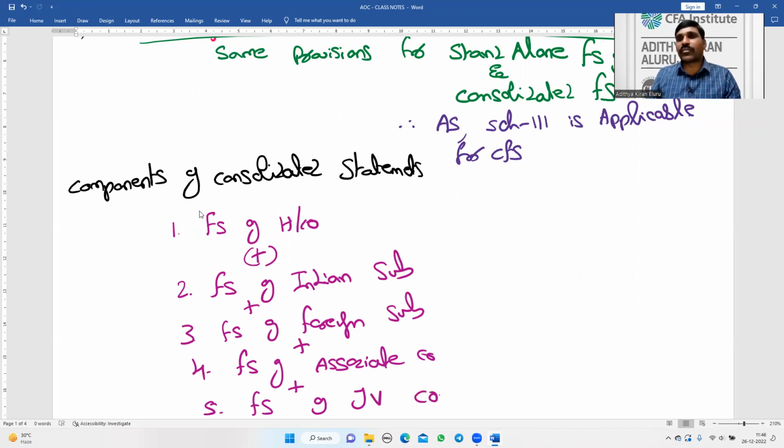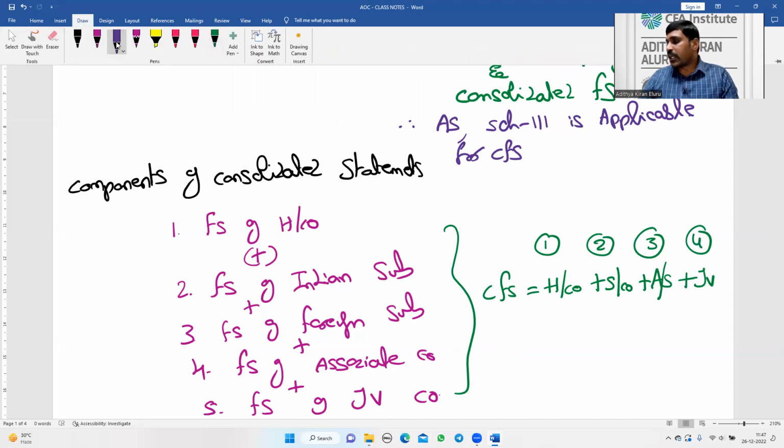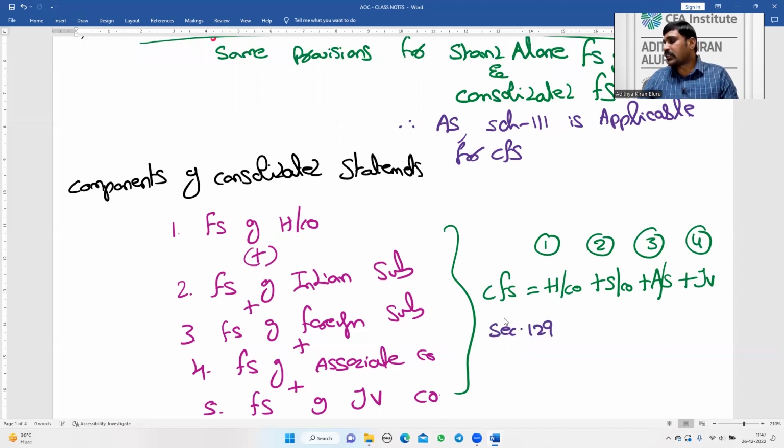Because for the purpose of consolidation, section 129 says subsidiary includes associate, whereas section 2 says associate includes joint venture. So therefore, subsidiary plus associate plus joint venture. In total, consolidated financial statements equal holding company plus subsidiary company plus associate company plus joint venture company.